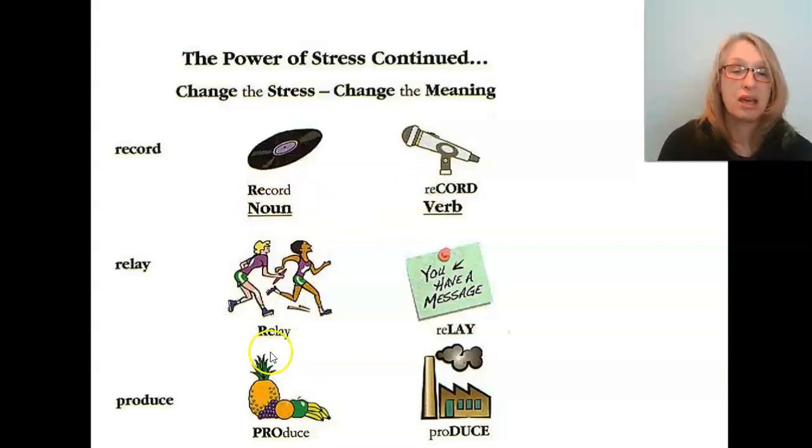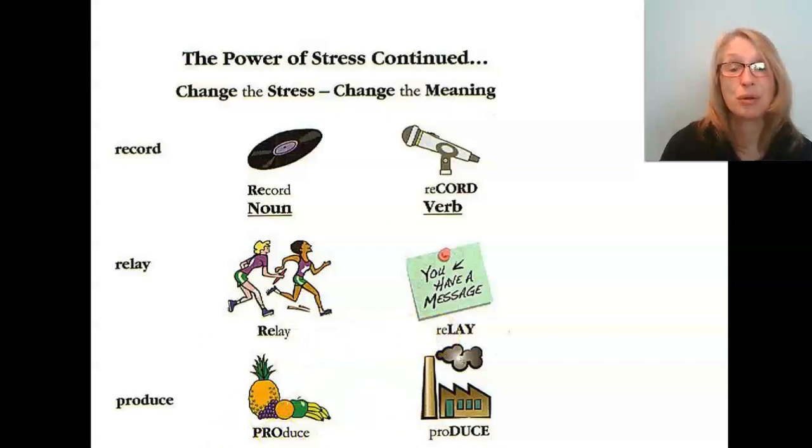Great. Here we have relay, relay, and relay, relay. Listen again for the difference in the vowel sounds depending on where the stress is. Relay, relay, relay, relay. Same thing down here.